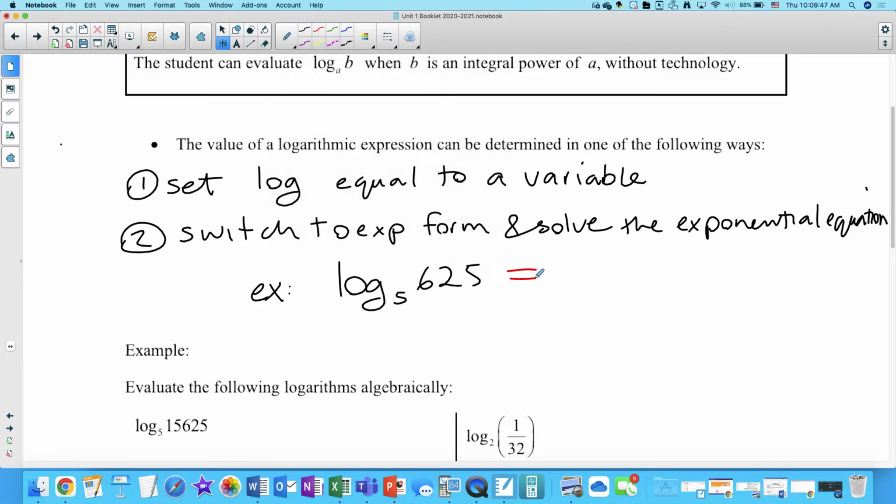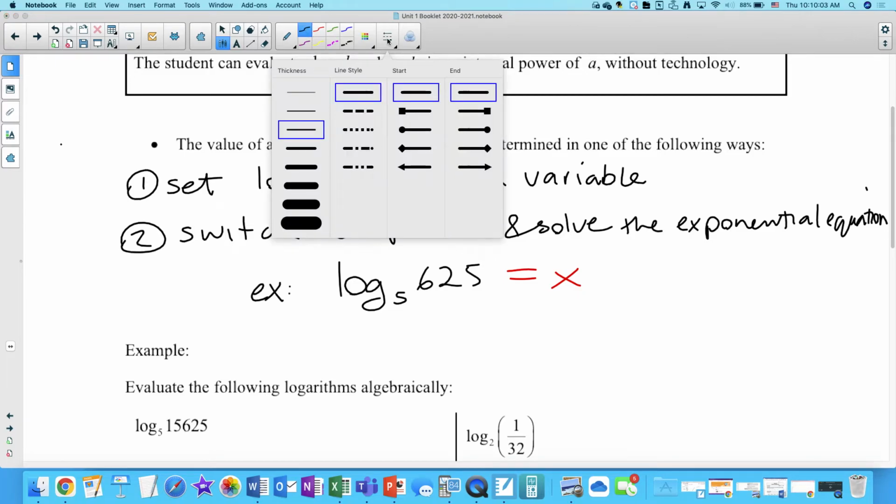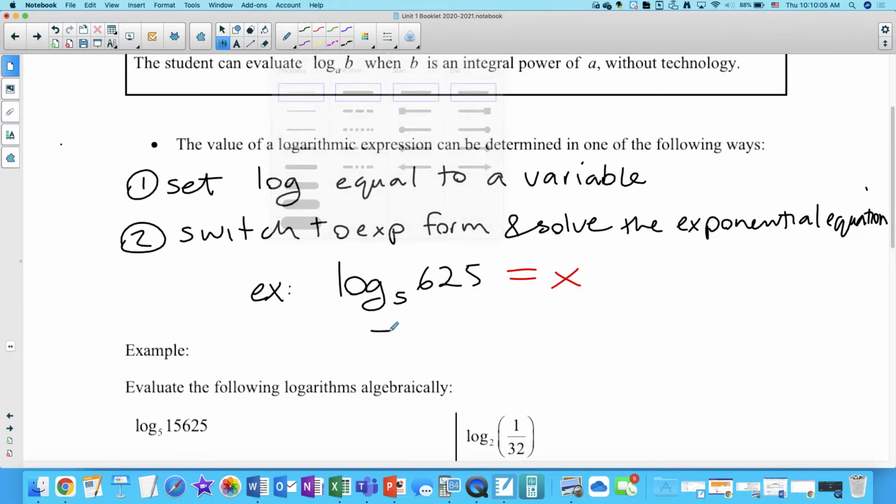Once I have that variable in there, there's now like 3 numbers or variables, so I can plunk that into the exponential form, right? So in exponential form, my base is 5, my exponent is x, my value is 625. And the hope is that this is something that I can solve. If I can write 625 as a power of 5, then I can solve this, right? And in fact, I can.